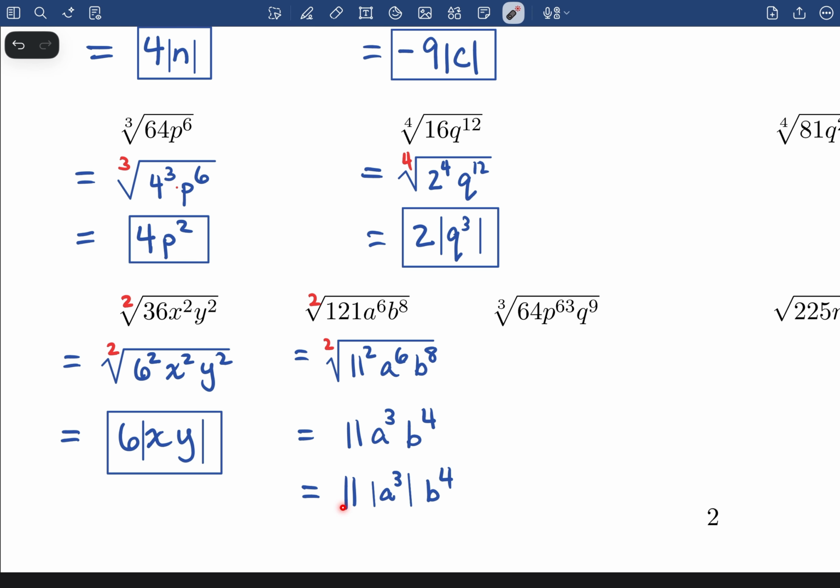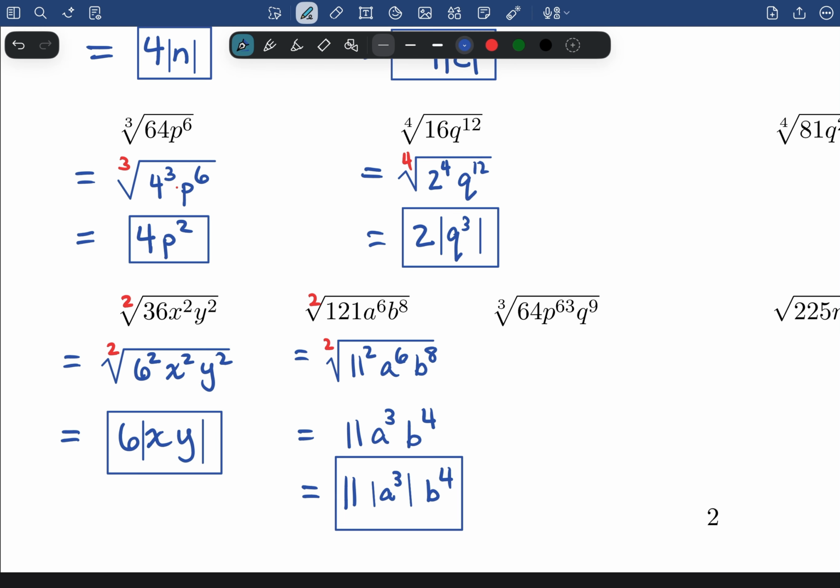Okay, that was 11 times the absolute value of a cubed times b to the 4th. And the reason the absolute value only went around a cubed was because I had an odd power with a. Because b has an even power, no matter if b was negative or positive, I'd get the same result. I don't have to worry about the absolute value symbols.